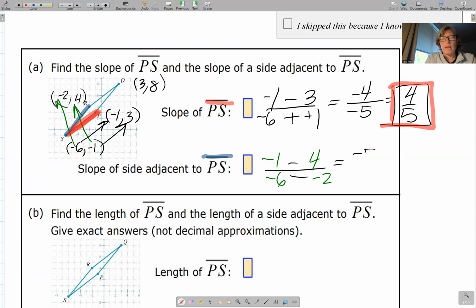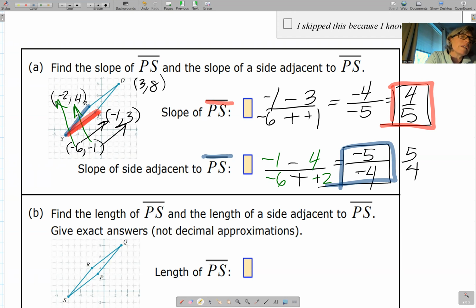This is going to be negative 5. And double negative makes a positive. And that's going to be negative 4. And double negative makes a positive. So your final answer is 5/4. Do a visual check. And yep, that's positive slope too. So they're both positive.